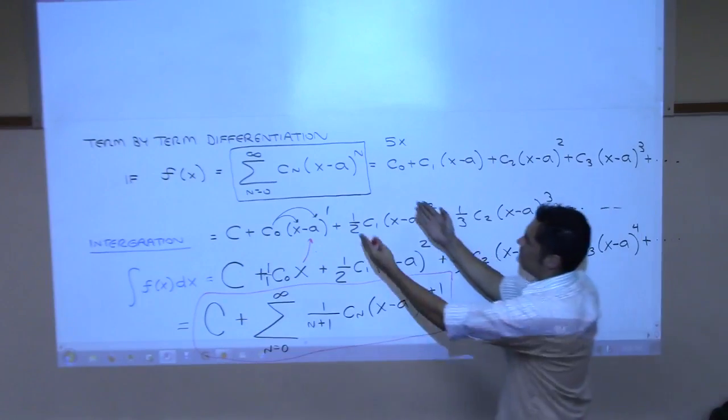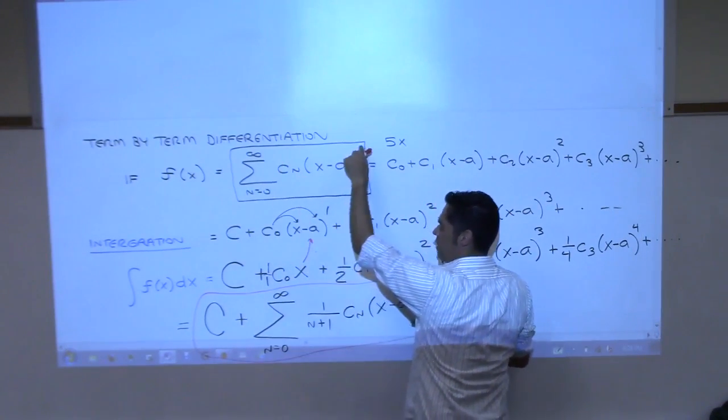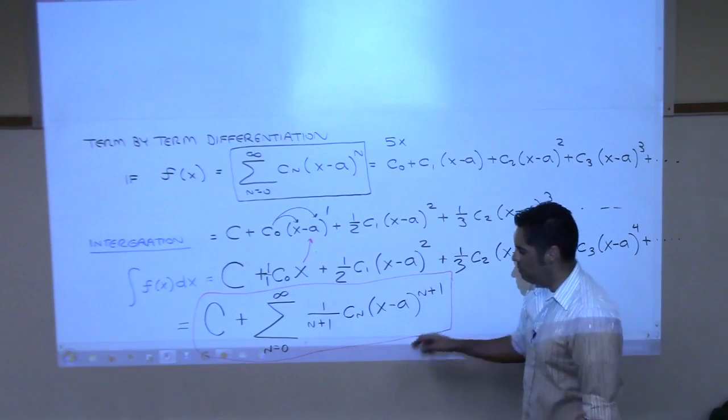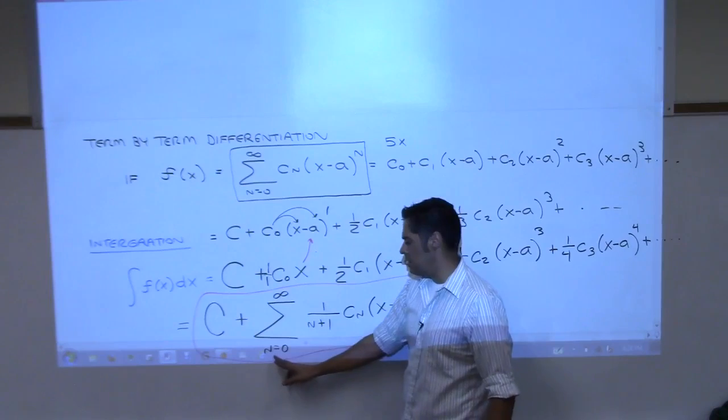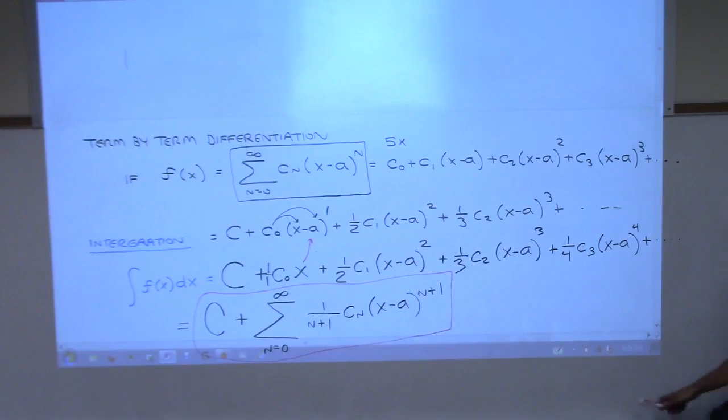So if I want to integrate this, I need a 1 over n plus 1 out front, and that goes to n plus 1. This time, though, the index does not change. It's at 0. So we may differentiate power series term by term, and we may integrate power series term by term.